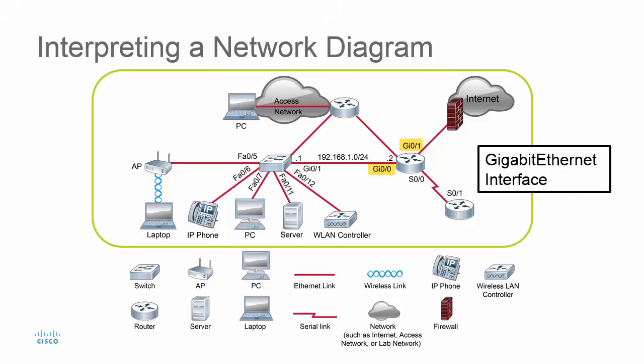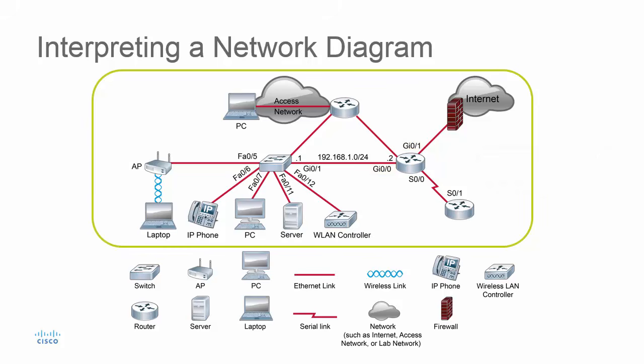Besides the interface identification, it is common to include the network address of the segment on the diagram. In our example, you can see the 192.168.1.0/24 network segment. Here the IP address 192.168.1.0 indicates the network address and the /24 indicates the subnet mask.